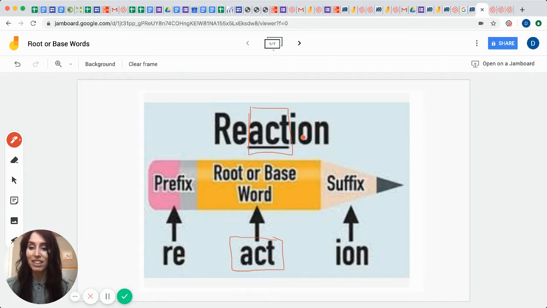Again, act, right? React. So somebody acted, and then if you react, you're going to respond to however somebody acted. So we don't always have to use a dictionary, because a lot of times, who carries their dictionary in their back pocket? Not many of us.